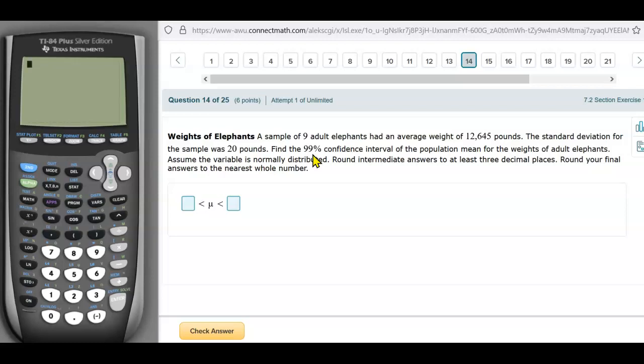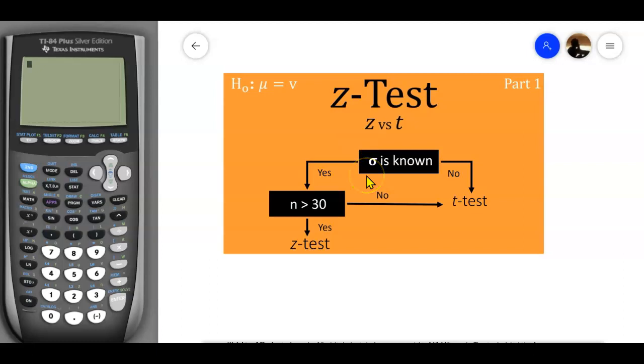All right, so I'm going to try to clarify when you're going to be using the T table versus the Z table. Everything depends on sigma, whether it's known or unknown.